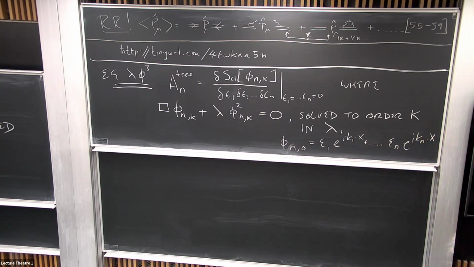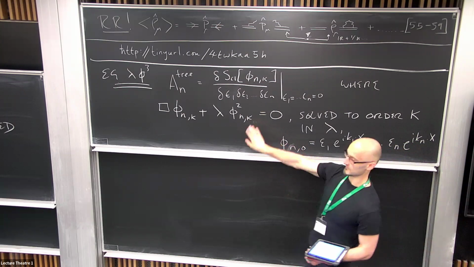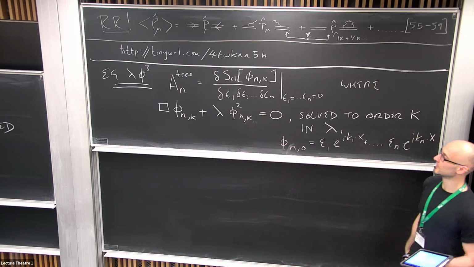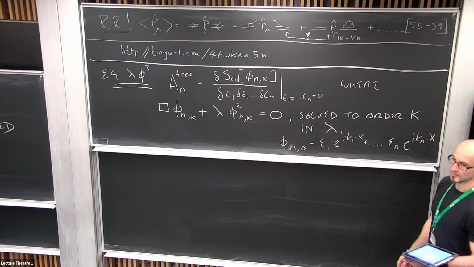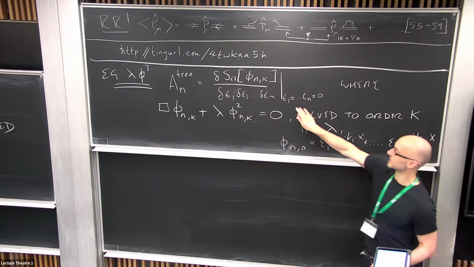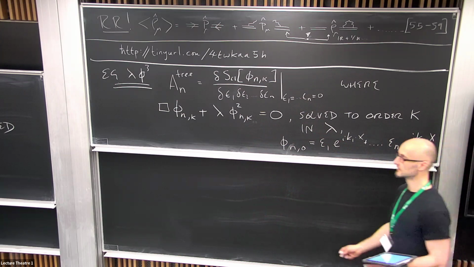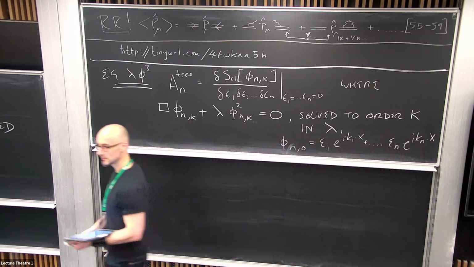So what's going on? I'm scattering a bunch of things with momentum k1 to kn. I construct this solution of the classical equation of motion with this initial condition. You plug it into the classical action and you pull out a particular term proportional to these epsilons. And that will turn out to be the tree-level S matrix.